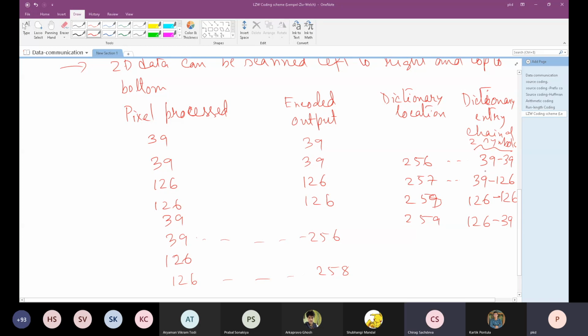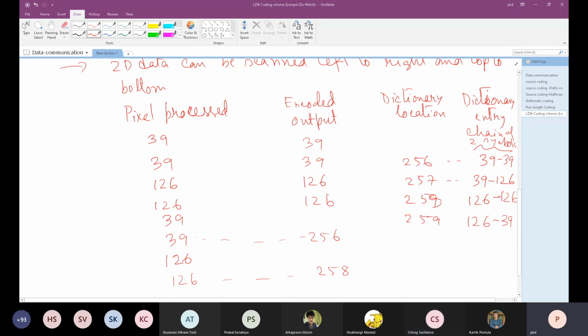So that means any chain of two symbols like 39, 39 in this particular case is stored with 256. Similarly, 39 followed by 126 is stored with a code word of 257. 126, 126, it's code word of 258. So therefore, instead of two symbols, suppose here two symbols means 16-bit.